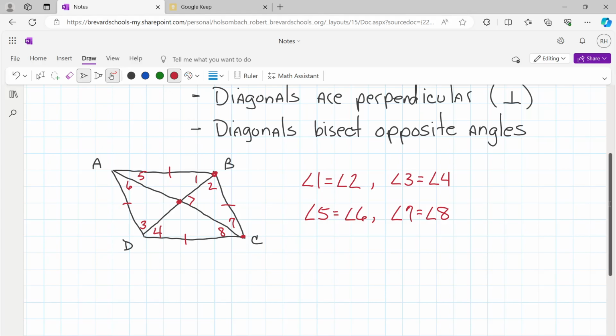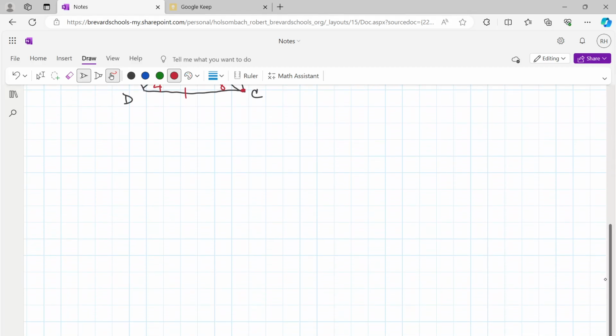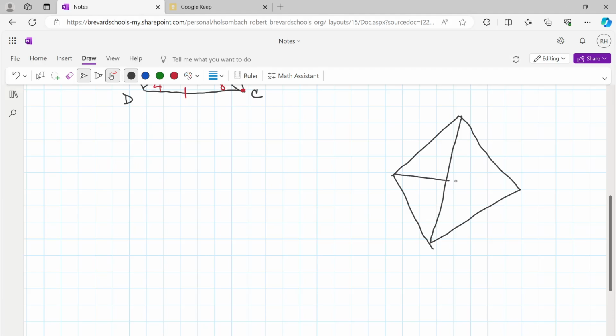And the diagonals of rhombus FGHJ intersect at K. Use the given information to find each measure or value. Okay, so you're told that this shape is a rhombus. And let me try to get it on here. It's not a very good rhombus, but we'll pretend it's a good rhombus.